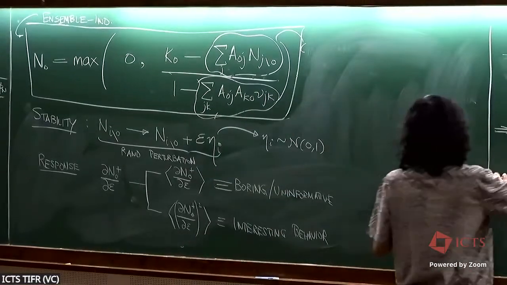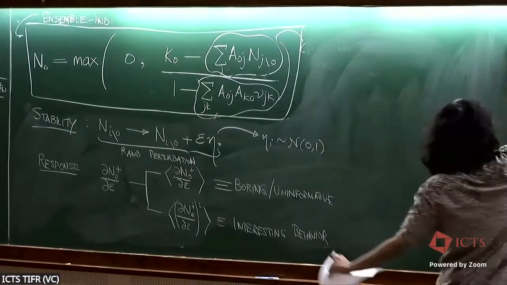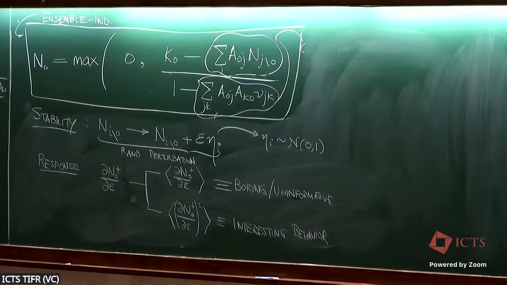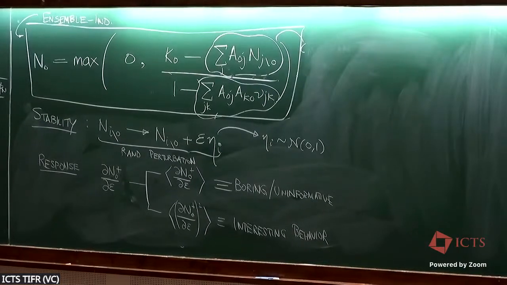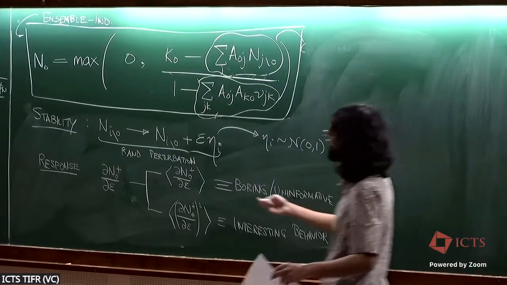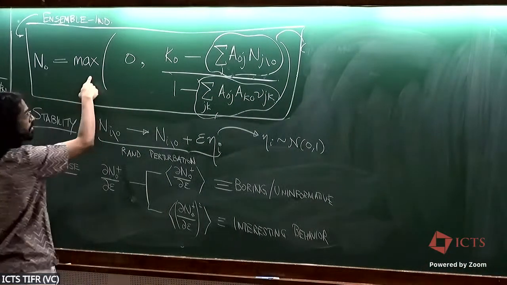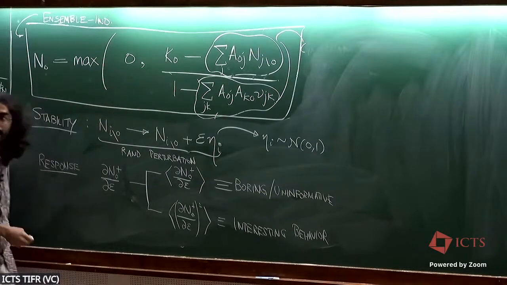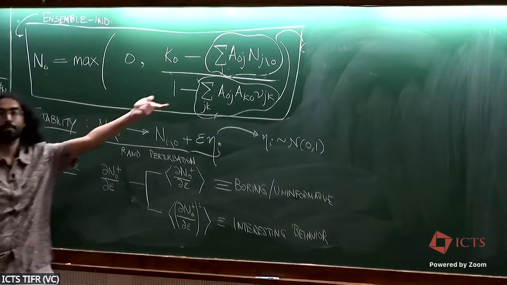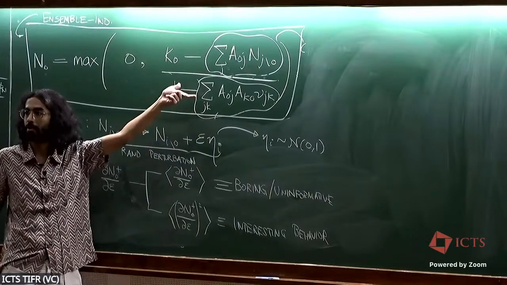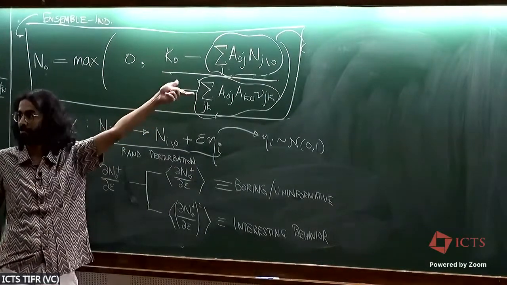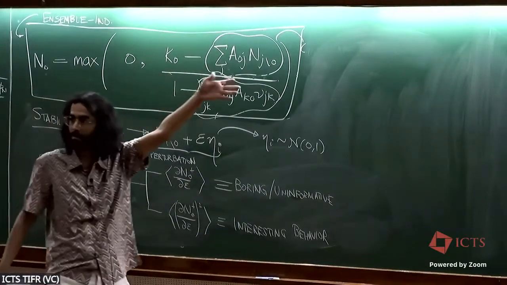So what I need to do for any of this is, of course, I need to start taking partial derivatives of things. When I take partial derivatives of things, I need to know what the thing is of which I'm taking a partial derivative. And that thing is fortunately written nicely over here. I have my N0, which is max of this and that. N0 plus is just taking this part, right? It's just taking the part which is all the surviving species, because those are the ones that I am imagining perturbing.